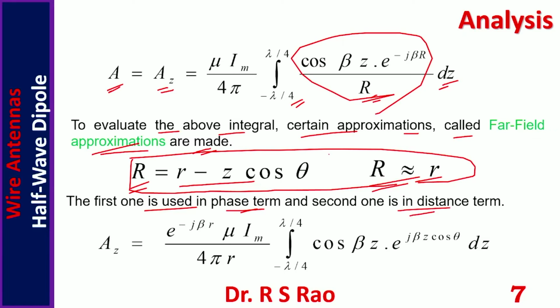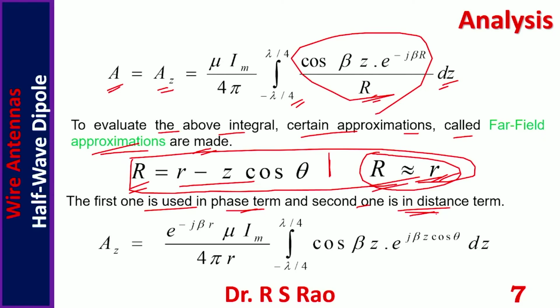Out of these two approximations, the second one is a somewhat crude approximation. The first one is more sophisticated, nearer to reality. But the second approximation simplifies the solution process more. If we use the first approximation even in the distance term, then things become quite complicated.